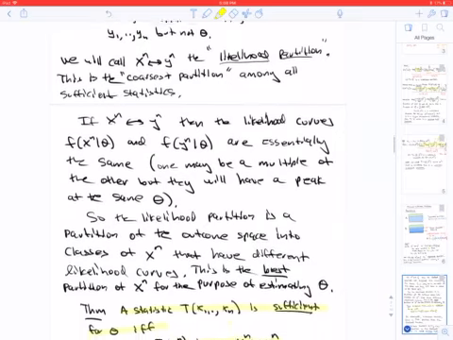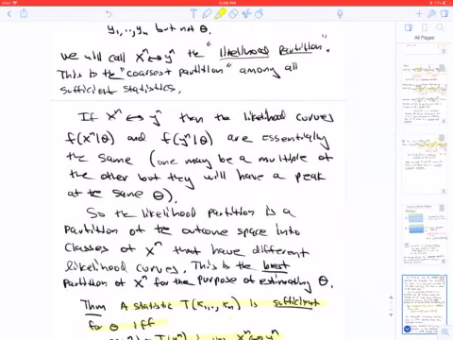So why should this be the coarsest one? Well, under this likelihood partition, if x1 to xn and y1 to yn are two data points that are equivalent under this likelihood partition, it means that their likelihood functions are essentially the same.